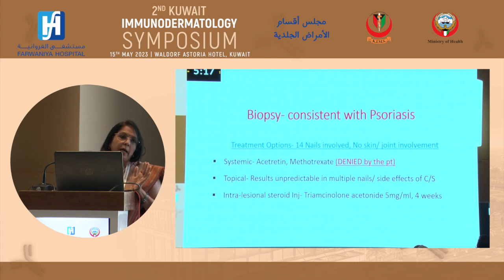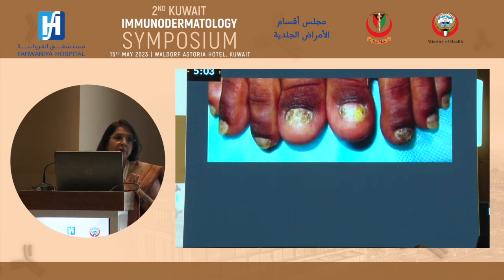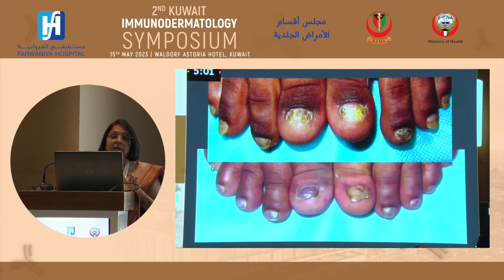I gave 8 injections over a period of 11 months, and you can see the result. It's just unbelievable, and there are many such success stories. So I prefer giving topical injectable therapy.